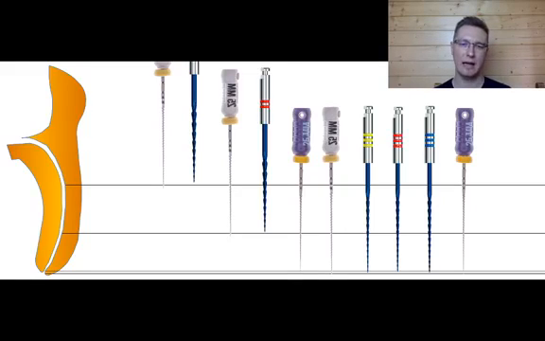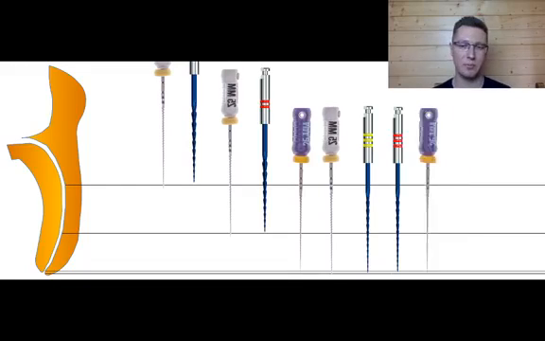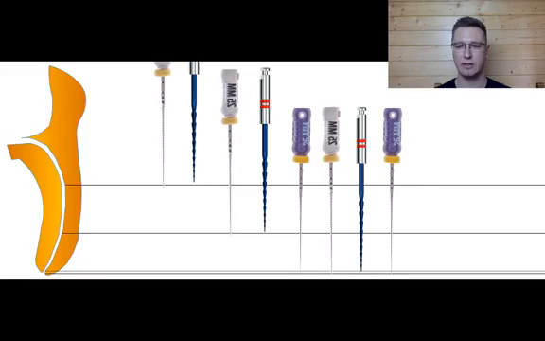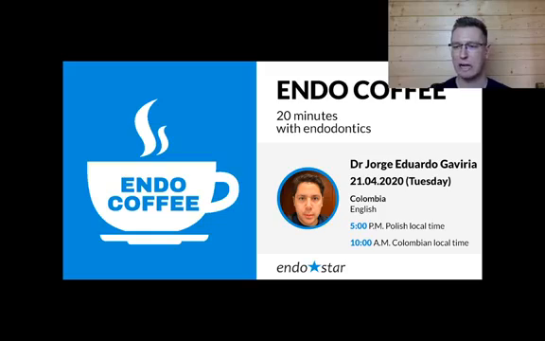At least not for my shaping protocol. We'll go back. Why? Because you can see I've done the protocol with 2506 and 2504, and please look at the apical area. Everything is beautifully sealed, so I believe this is great.